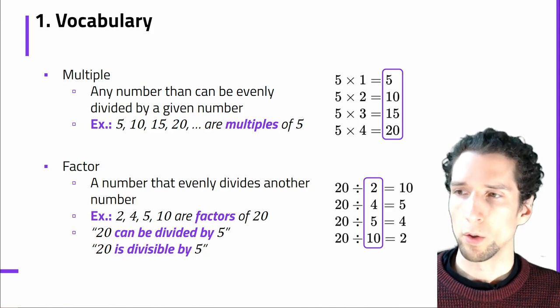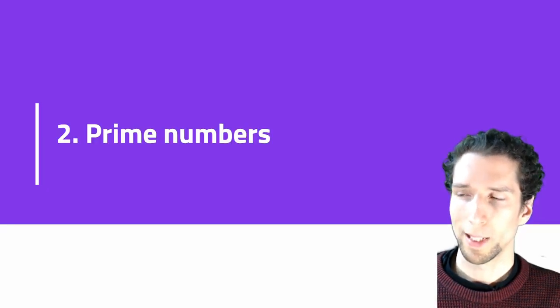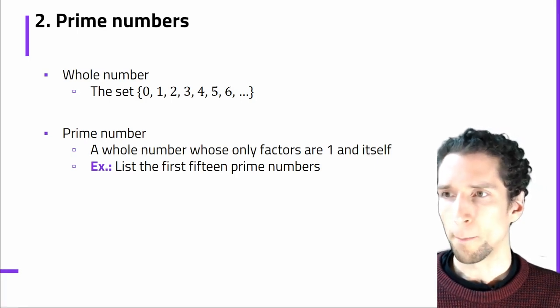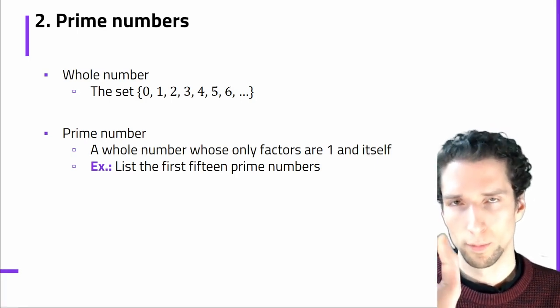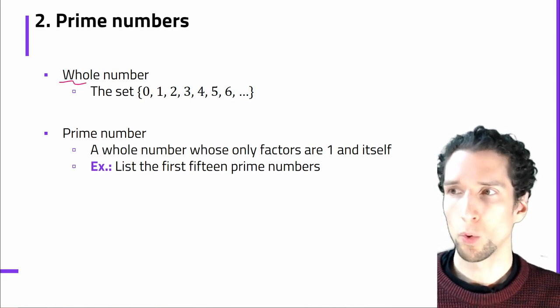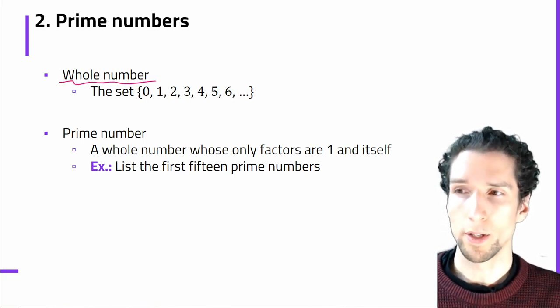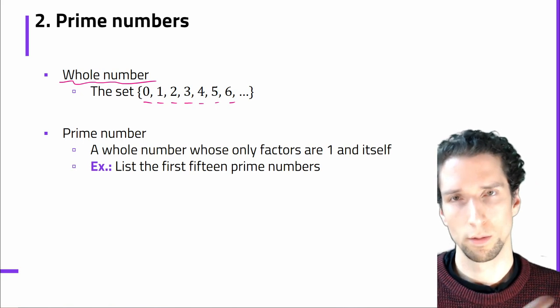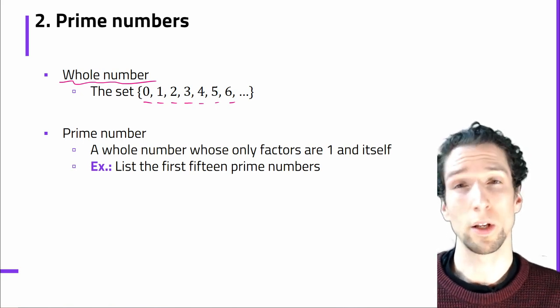Okay, so let's get in with our first topic here, prime numbers. One more small vocabulary thing, a whole number. Whole numbers are the set of 0, 1, 2, 3, 4, 5, 6, and so on. So no decimals or anything, no negative numbers.